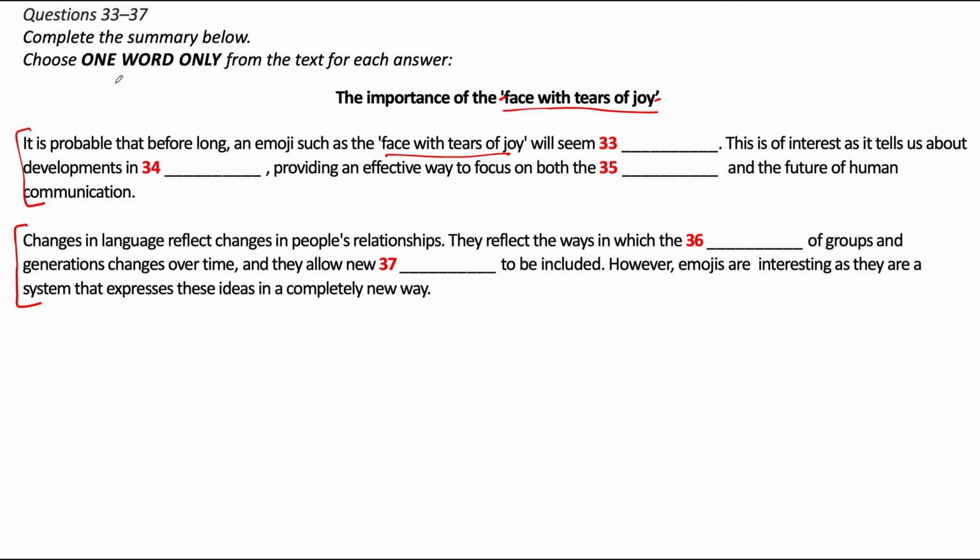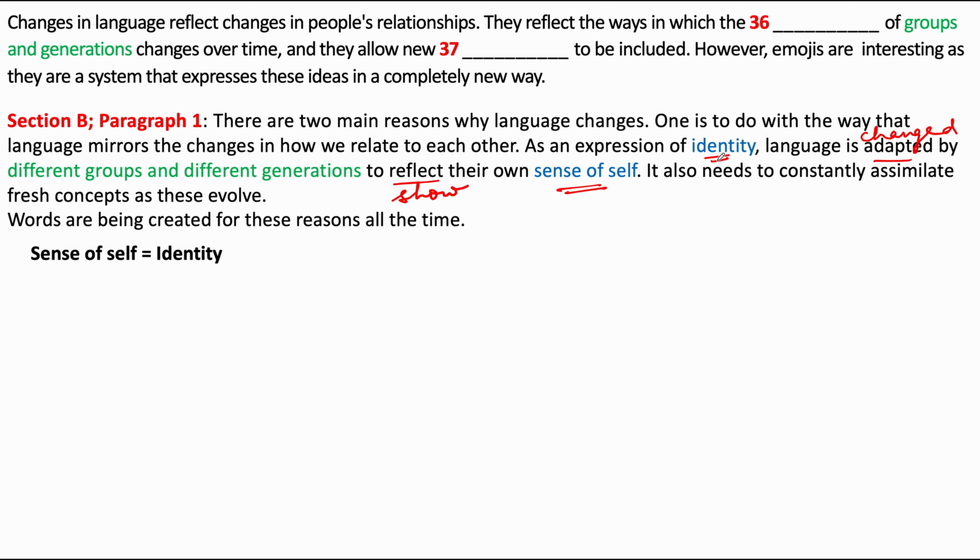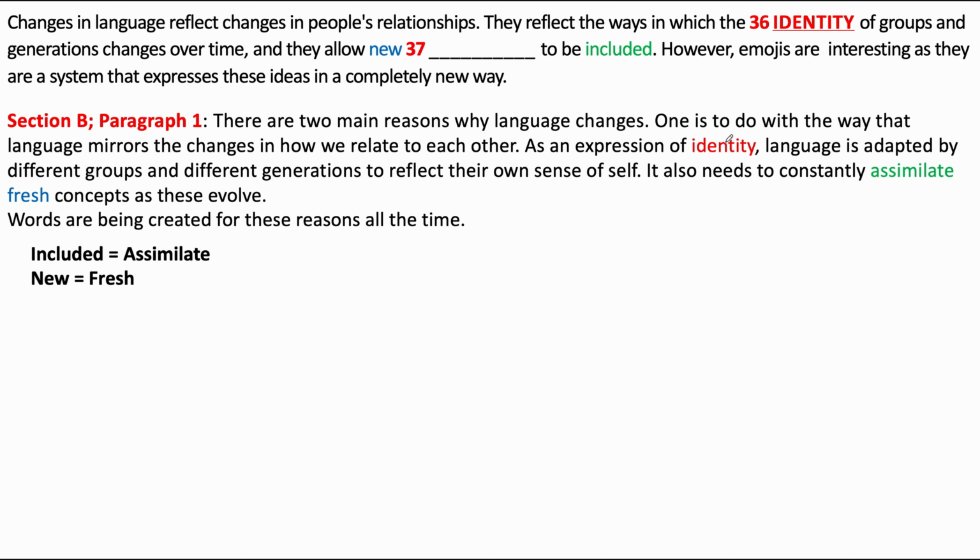However, we can only have one word as our answer, and the word identity anyway fits better in this blank. You could get confused with sense of self, but as I said, the word identity means the same thing. The answer to the 36th question is identity.